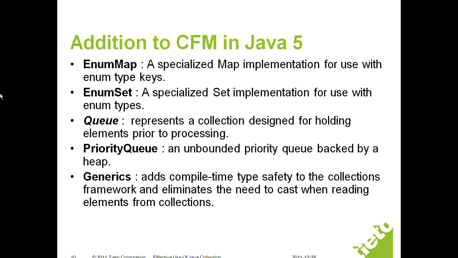And one more thing which was added in Java 5.0 was generics. Generics adds compile time type safety to the collection frameworks and eliminates the need to cast. Earlier, in Java 1.2, when the collection framework was given, or rather the classes prior to that, like Vector and Hashtable, had methods like add, which accepts an object, and get, which returns an object.